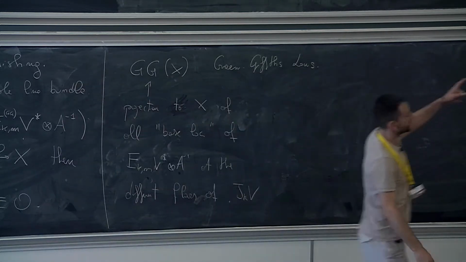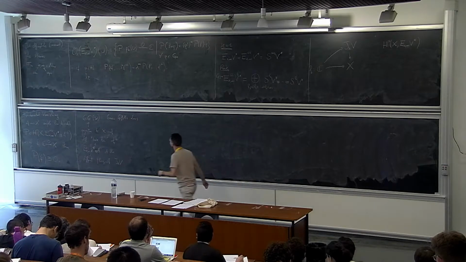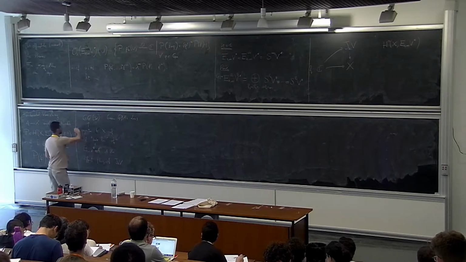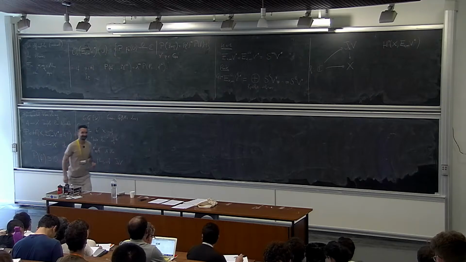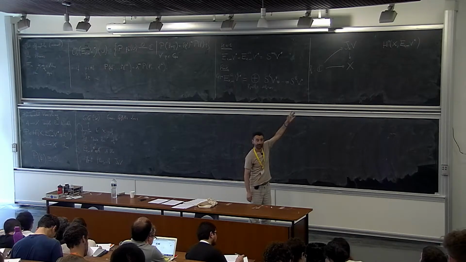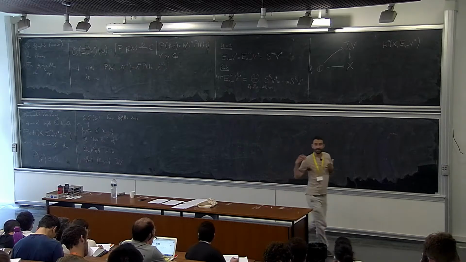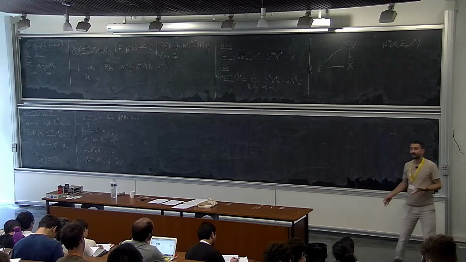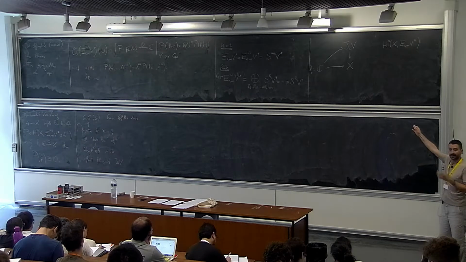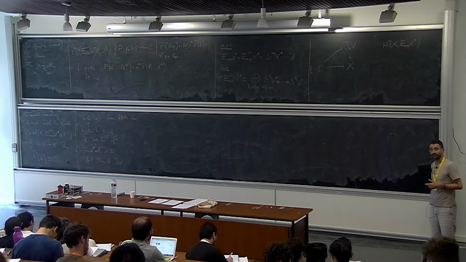And since your maps are liftings, which means that the diagram commutes there, the image of an entire f must sit in this Green-Griffiths locus. Okay?